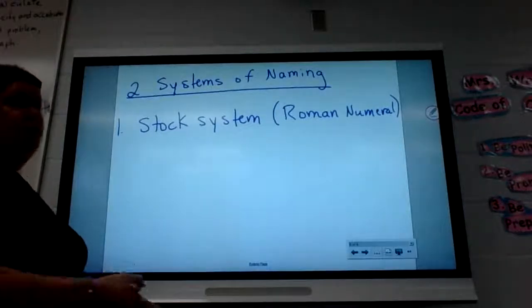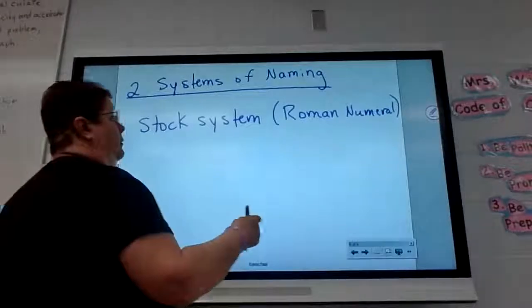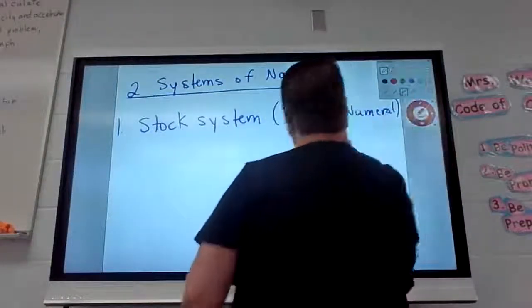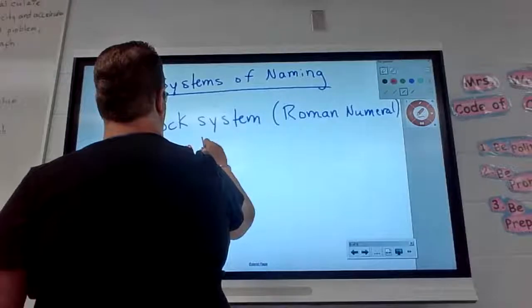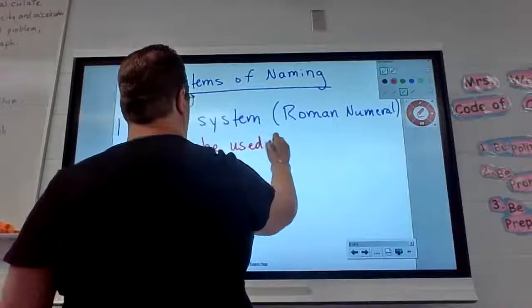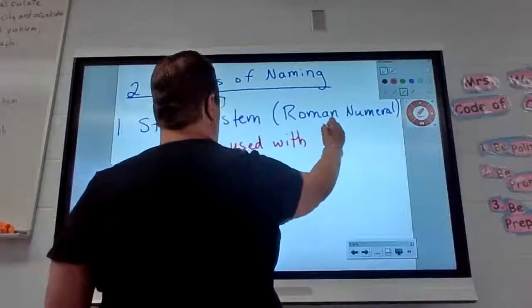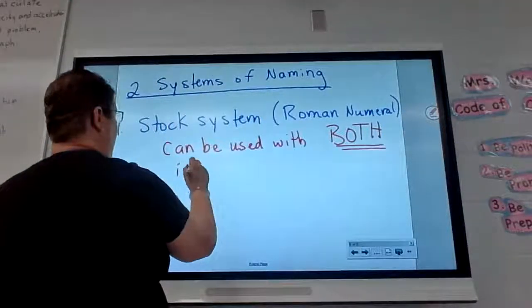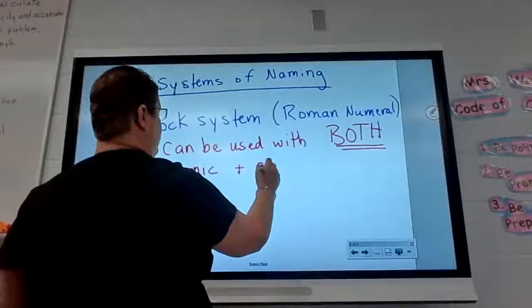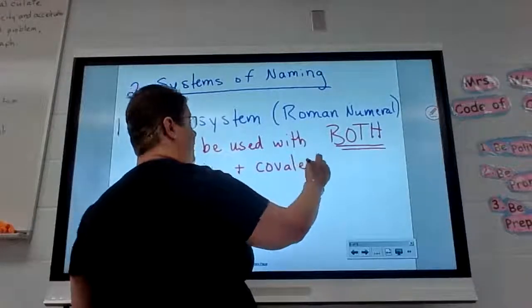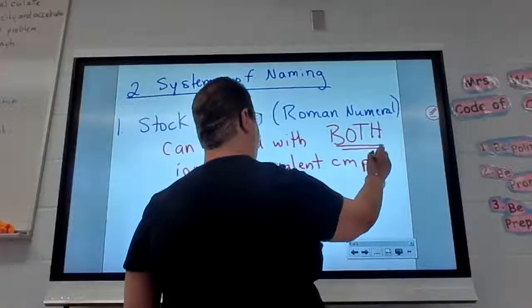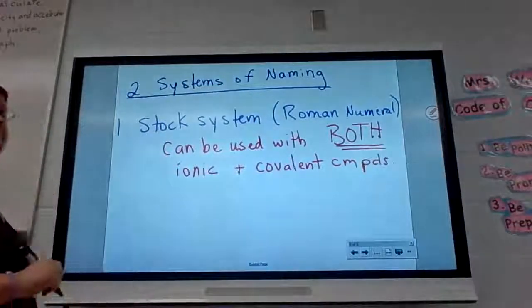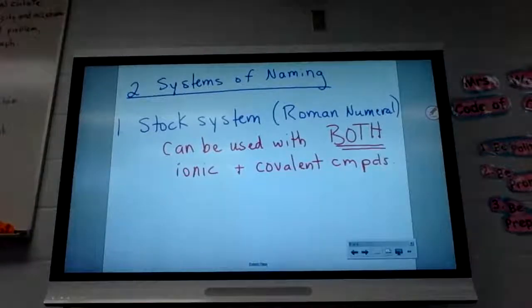It's often referred to as the new system. This one can be used with both ionic and covalent compounds. Okay? Stock system can be used with both ionic and covalent compounds. So it is the one we will lean most heavily on.